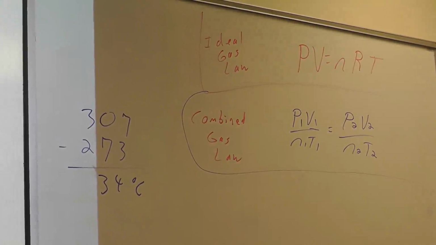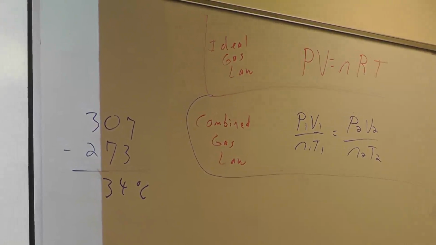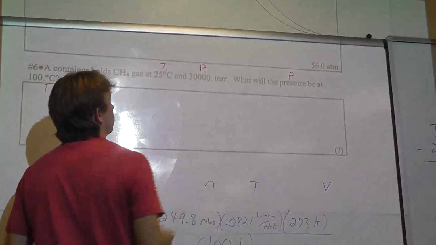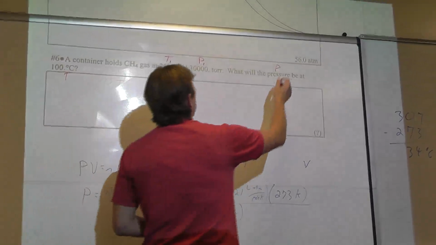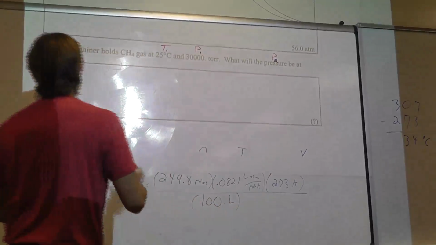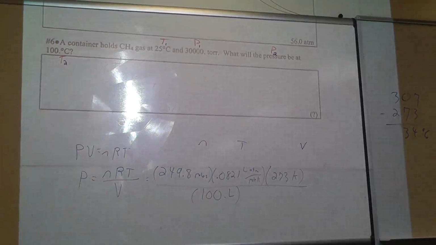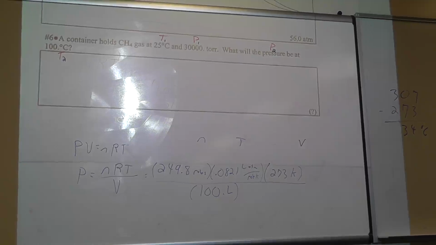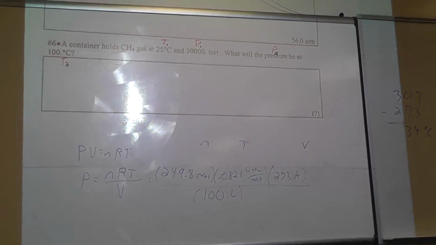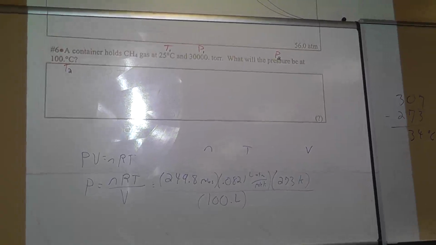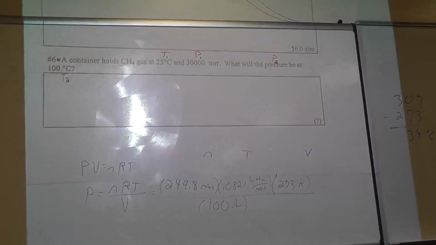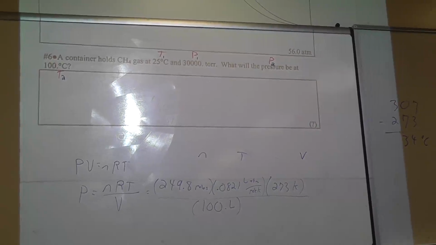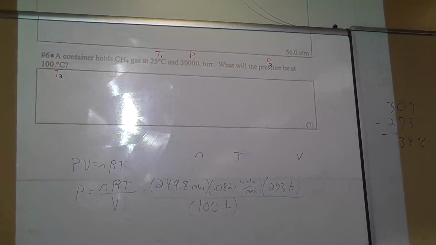All right, so then applying that to this question, 25 degrees is our initial temperature, 30,000 torr is our initial pressure, but we wind up at some different pressure and some different temperature. Whenever you have changing conditions, that's your cue to use the combined gas law. So, this is our formula.